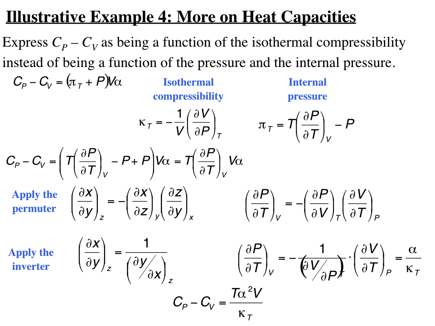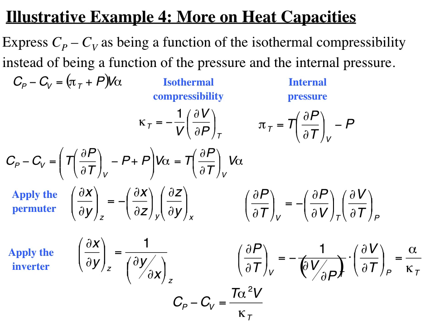On this slide, we're showing some more manipulations of partial derivatives and tricks we can employ to derive alternative definitions of the heat capacity difference. Again, I saw on the previous slide that the difference between the constant pressure and constant volume heat capacities was the internal pressure plus regular pressure added together times V alpha.